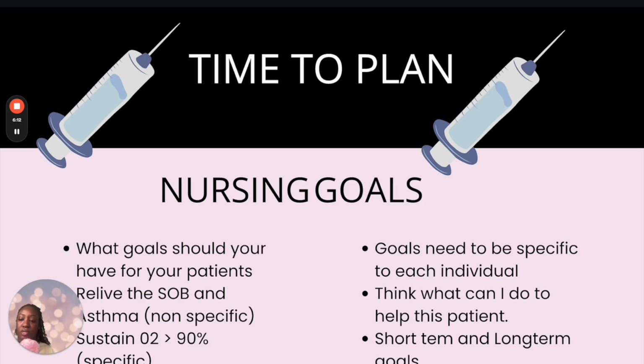So as you can see, relieve shortness of breath and asthma is really non-specific, general. You're not going to really get away with that diagnosis, but sustain the oxygen level above 90%, more specific. So goals, again, need to be specific to each individual. Think what you can do to help that patient.